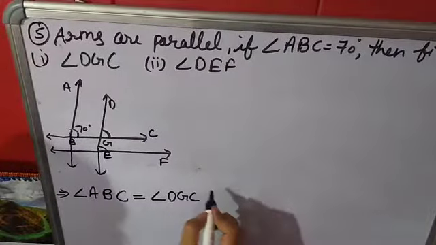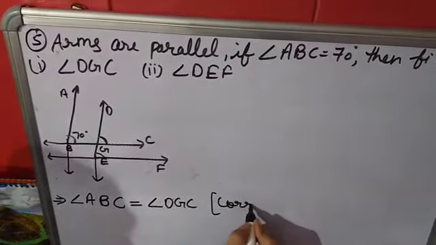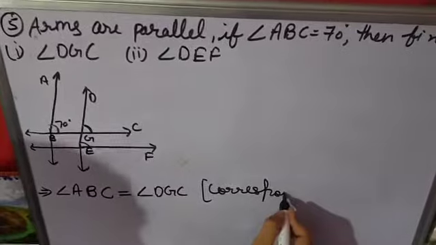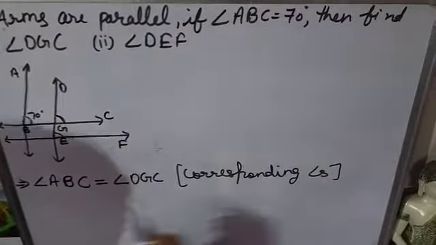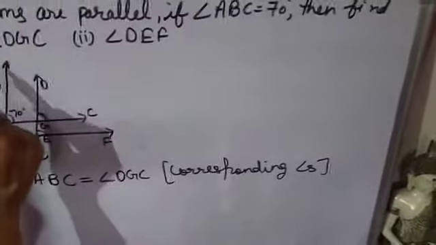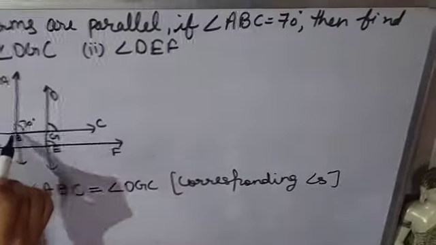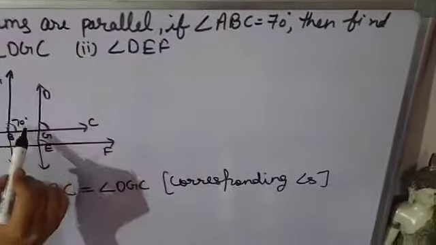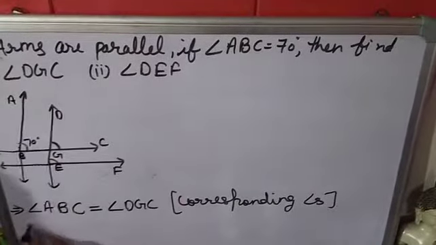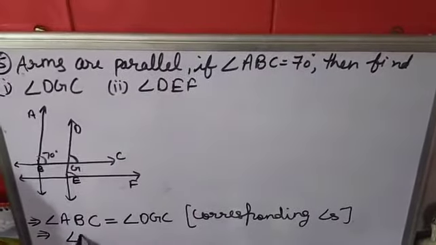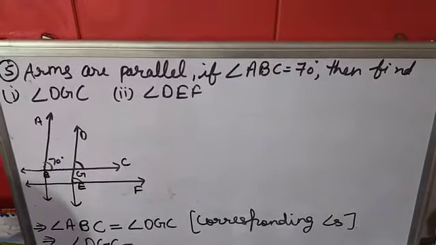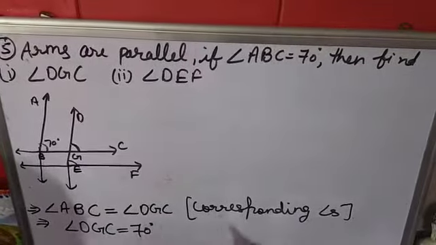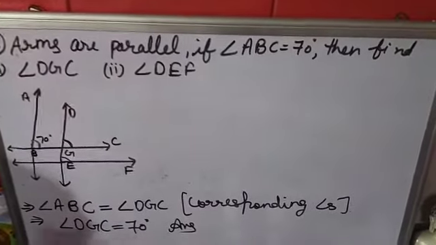Reason: both are corresponding angles. Okay? So what is the value of angle ABC? That is 70 degrees. So the value of angle DGC will also be 70 degrees. So angle DGC is equal to 70 degrees. That is the first part.